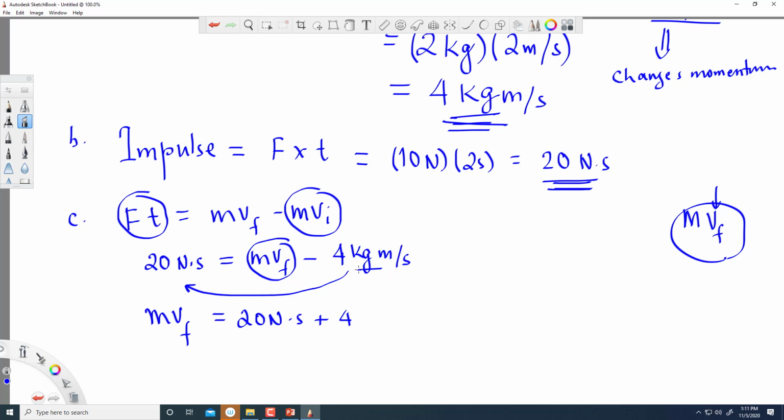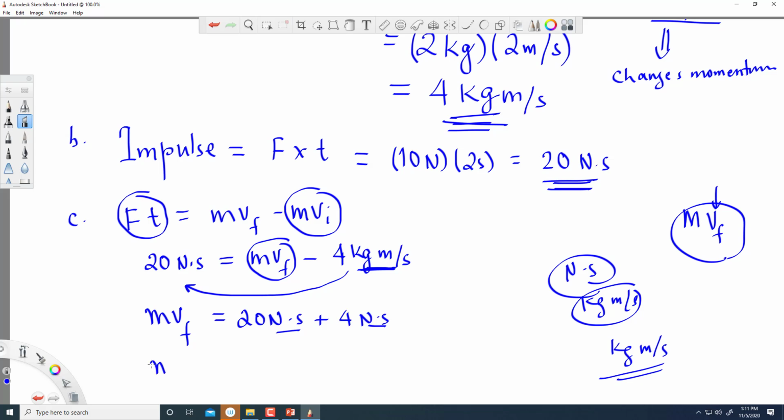This is also Newton second. So Newton second and kg meter per second are both the same thing. So you can replace that by Newton second, or if you like, you can write both. So that's the final momentum. So 20 plus 4 is 24 Newton second, or often we write the unit of momentum as kilogram meter per second. Okay, so that's the final momentum.